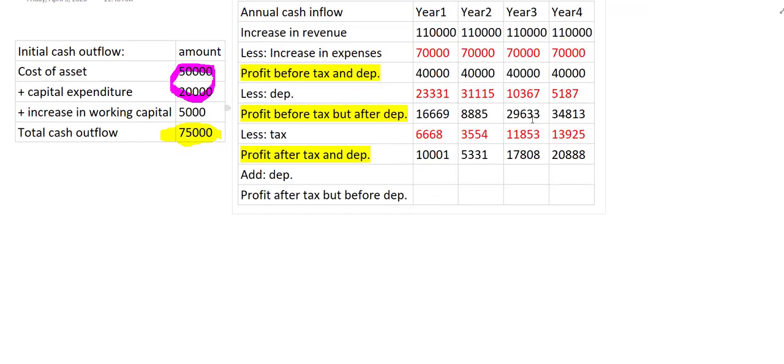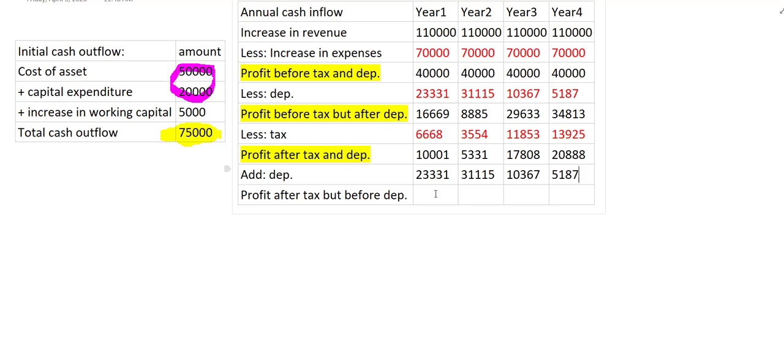So let me take out how much was the depreciation for the first year, 23,331. How much was for the next year? For the next year, 31,115. For the next year, 10,367. And for the next year, it was 5,187.